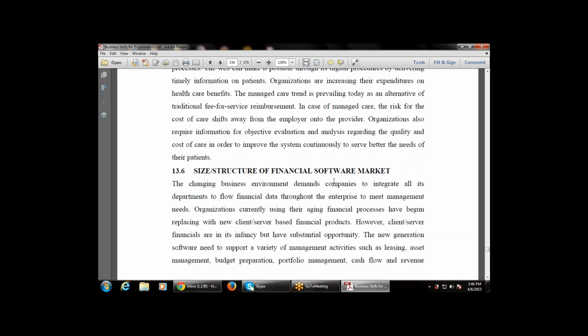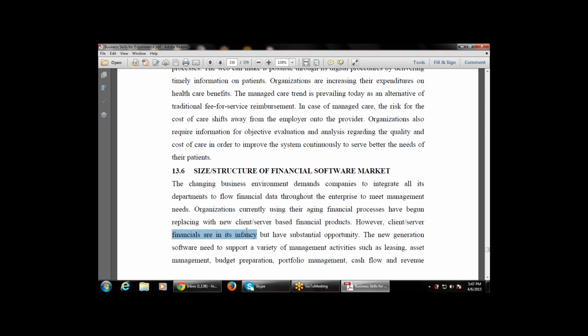Now, size or structure of the financial software market. This is the topic that says what the size of the financial software market is, and how the internet can impact the size of the financial software market. The changing business environment demands companies to integrate all of their departments to flow financial data throughout the enterprise to meet management needs. Organizations currently are replacing their financial processes with the new client server based financial products.